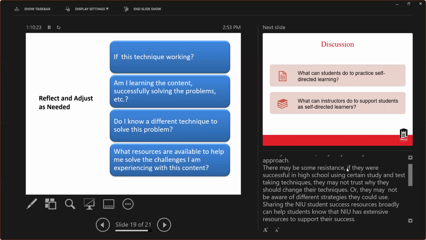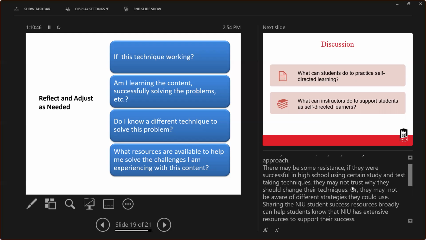And it must be right because I used it for 4 years in high school. So there might be some resistance to them changing techniques. They might not trust that they can be successful with another technique. They might not be aware of techniques that are available.